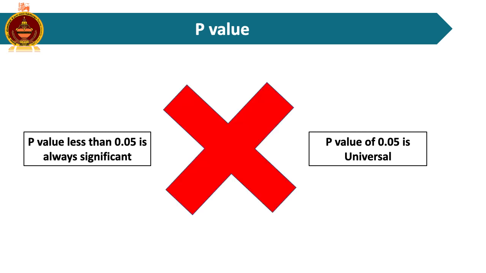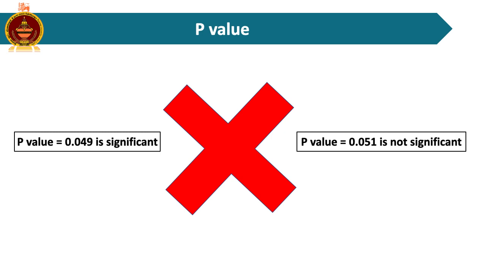We always need to compare the current p-value against the predetermined cutoff value. The predetermined cutoff value has to be decided by the researcher, research panel, or an expert panel. We need to carefully consider that a p-value of 0.05 is not a universal phenomenon. This is one of the common mistakes that researchers make in their research.